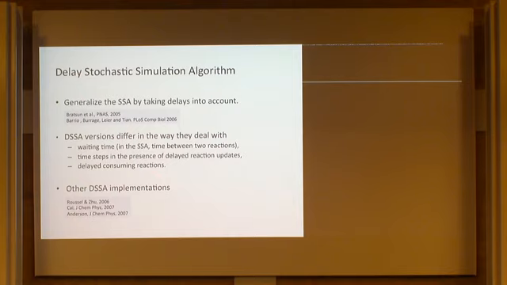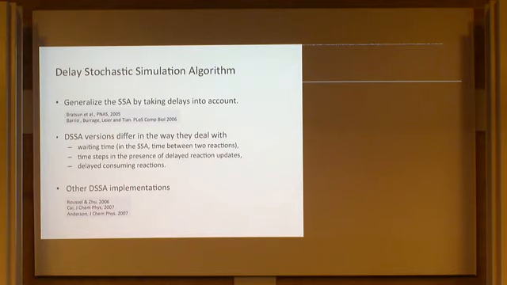Slightly newer implementations are here by Roussel and Zhu, 2006, and Cai, 2007. That was coined the exact DSSA, as it really calculates the exact probability for the next reaction to happen in any of the time intervals that the update points of delays establish.